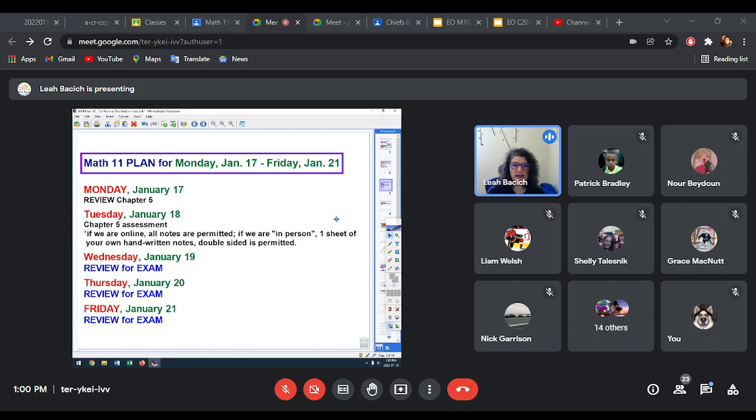If we're online, all notes are permitted. If we're in person, one sheet of your own handwritten notes, double-sided, is permitted. If we are in person, you do not get to use all your notes. Just to make that crystal clear, you will be allowed to have one sheet of notes. We'll talk more about that later this week if there are any new developments.